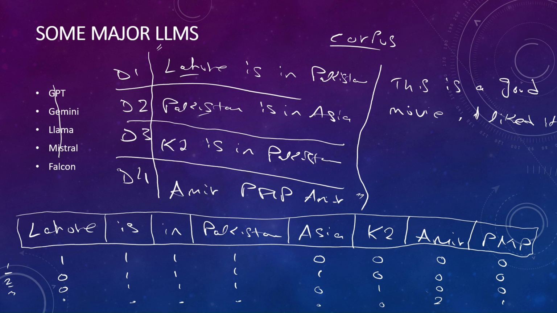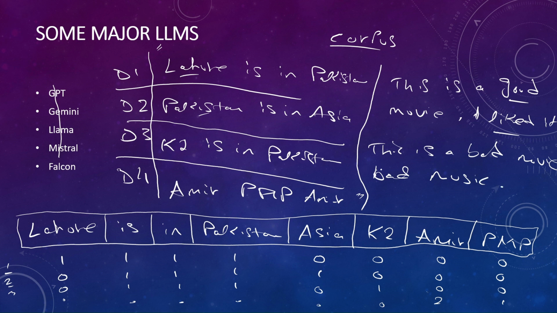Now again, it will try to find out how many times the words are appearing. So we have good coming one time and like also coming one time. Both of these words suggest that it's a positive review. Or for example, if there is a review, this is a bad movie, and then continuing, bad music.